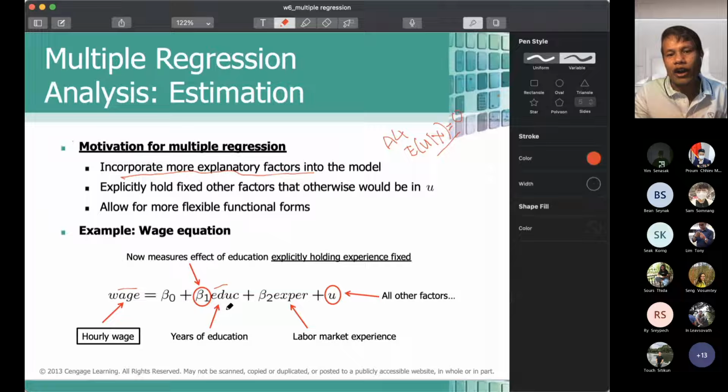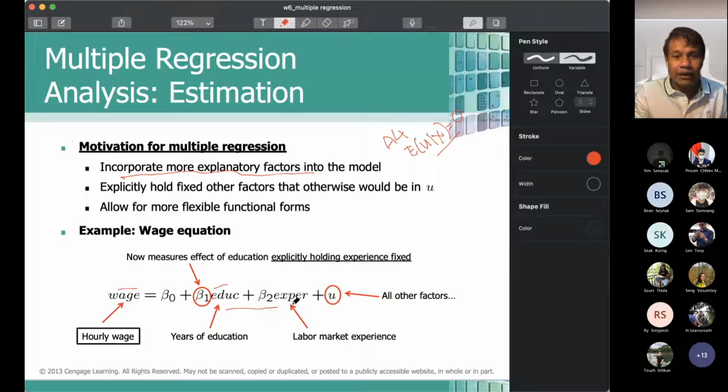Here, assuming that we only have two variables and other factors are in the error term. Now we measure the effect of education explicitly holding experience fixed, meaning that we can compare the wage difference based on education by controlling for experience. Hopefully, by including experience in this model, assumption number 4 will be met.